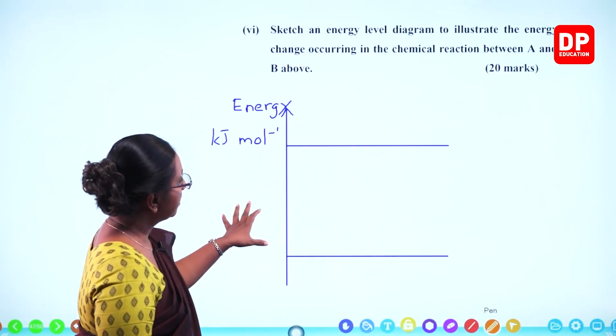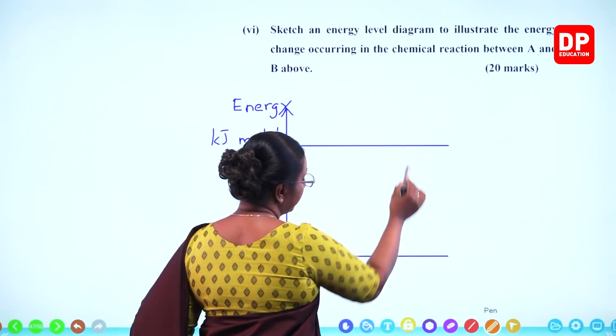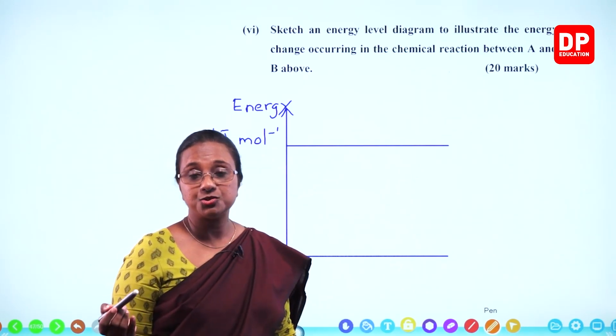Then, now here you all know when the reaction proceeds, it has to go from reactants to products because energy has to be released.